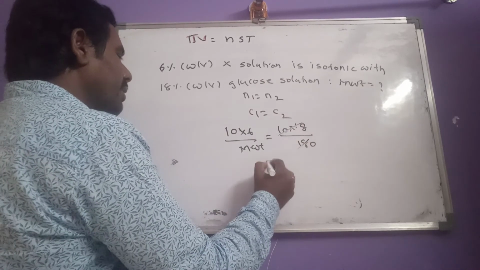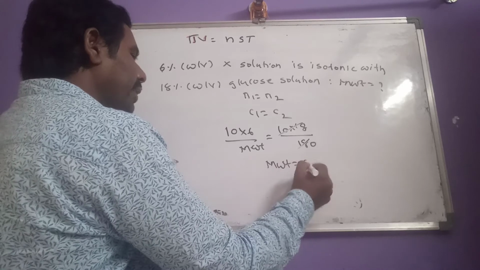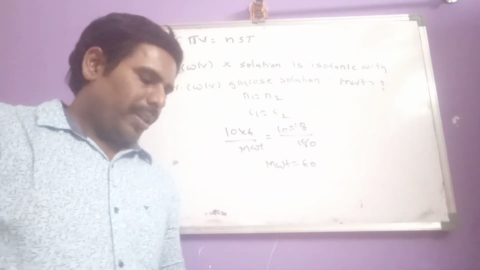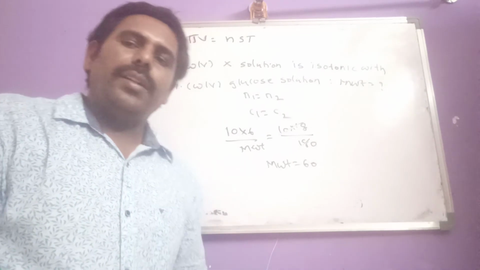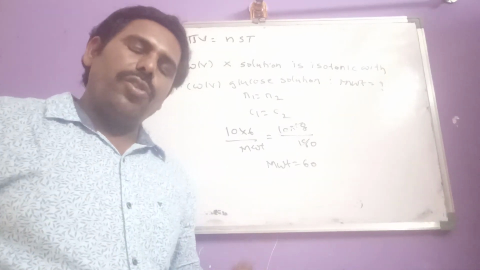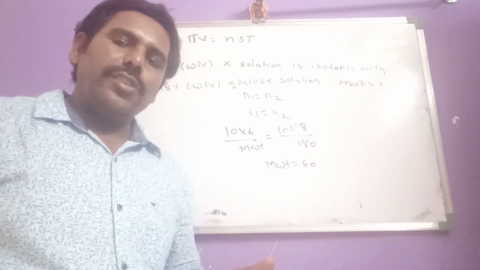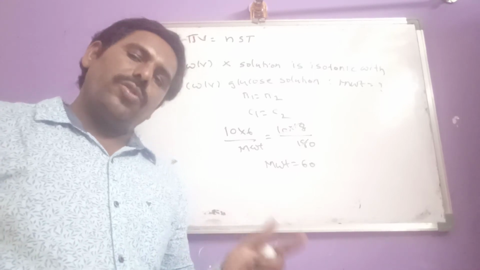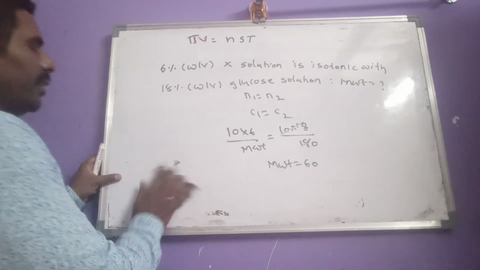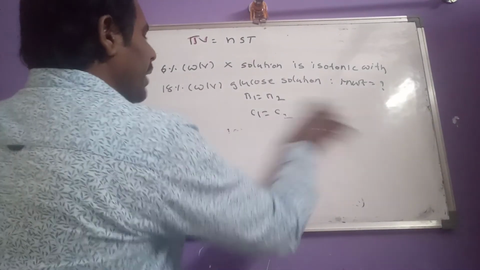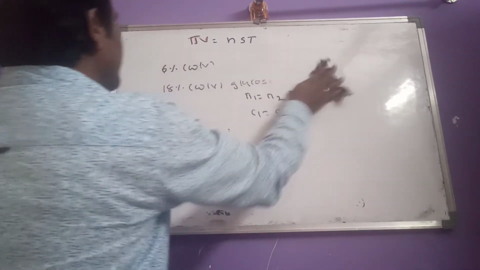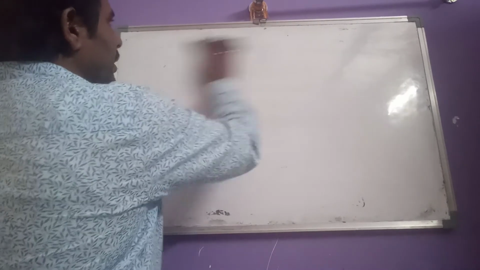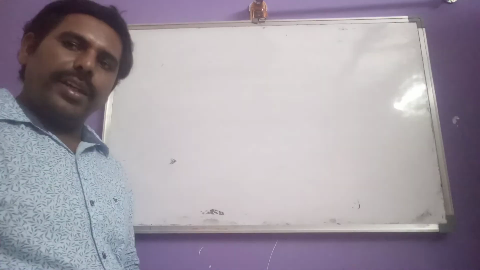These get cancelled. Molecular weight equals 60. So like that, when a question is given as isotonic solutions, we just have to equate their concentrations. That means C1 equals to C2. So this is another problem related to osmotic pressure.